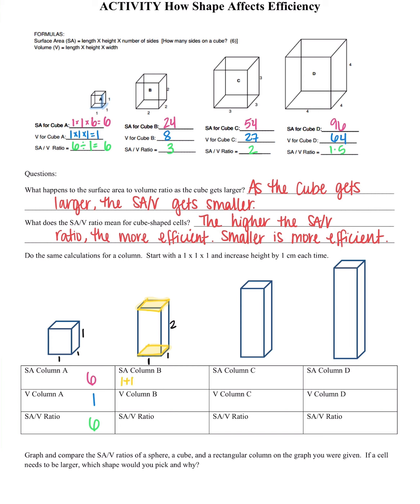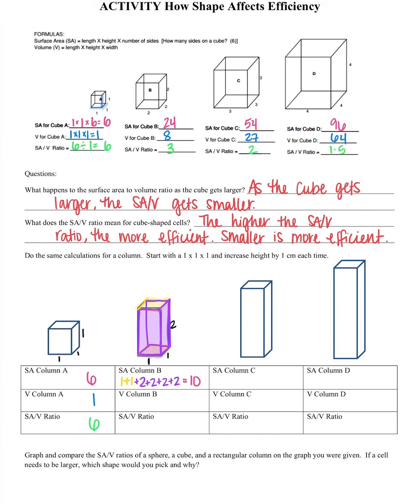Then I'm going to add the surface areas of all 4 rectangles that make up this middle portion. These are each 1 by 2. So 1 times 2 is 2, but there's 4 sides. So I'm going to add 2 plus 2 plus 2 plus 2. That gives me a surface area for column B of 10.